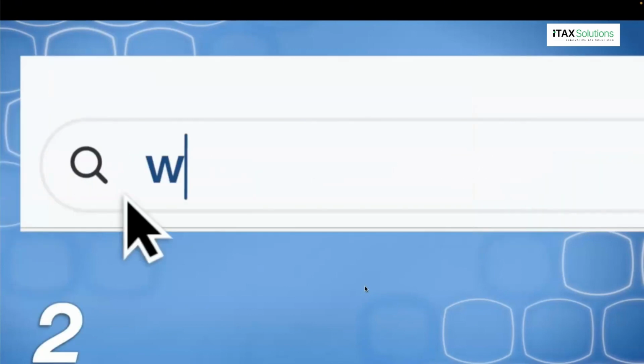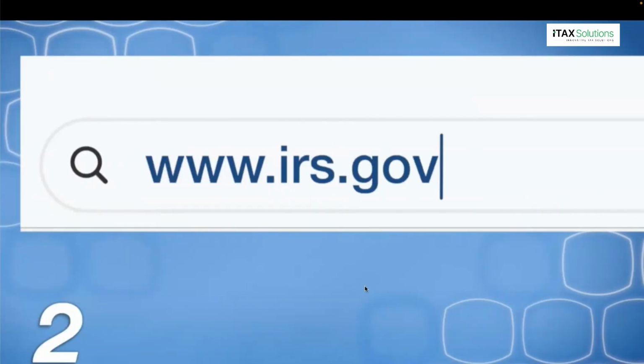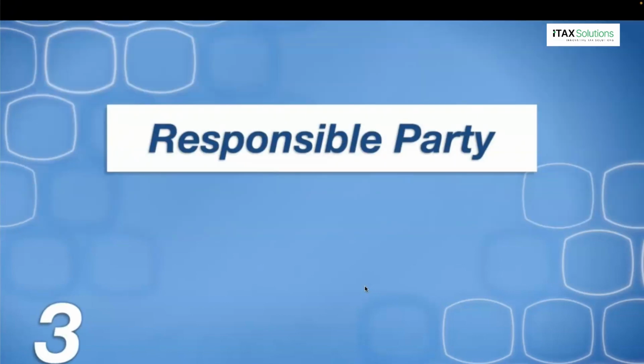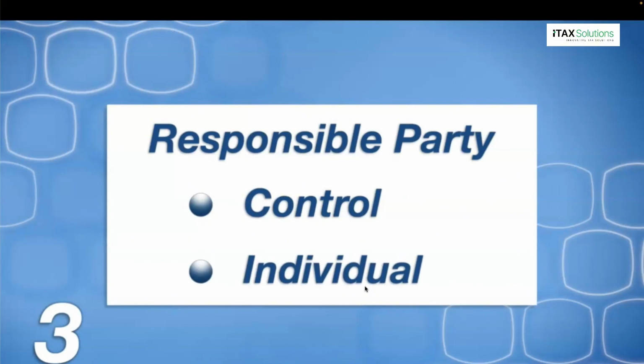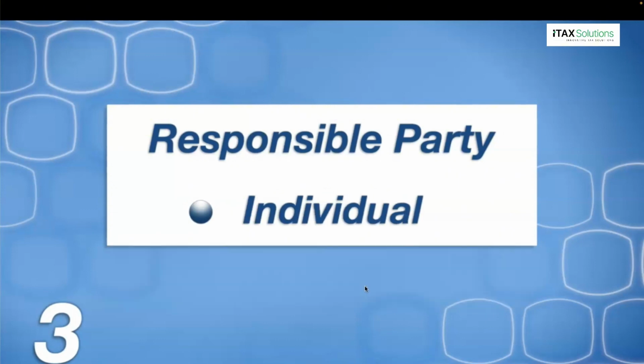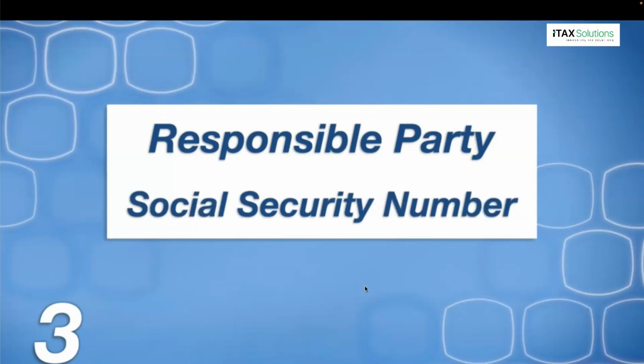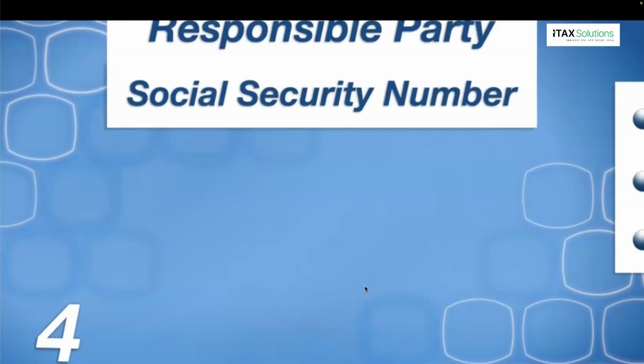Second, you can visit irs.gov/EIN, answer a few questions, and get your EIN immediately online. Third, know who will be the responsible party on the application. Generally, a responsible party is someone in control, and it must be an individual. You must provide the responsible party's Social Security number.